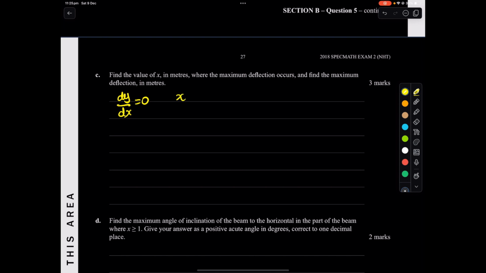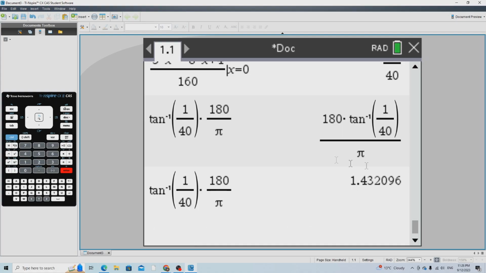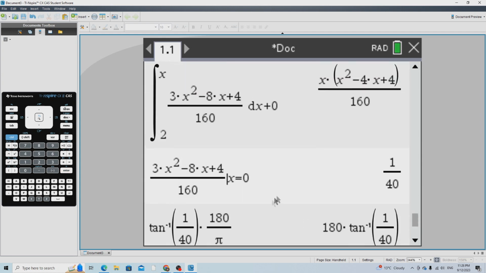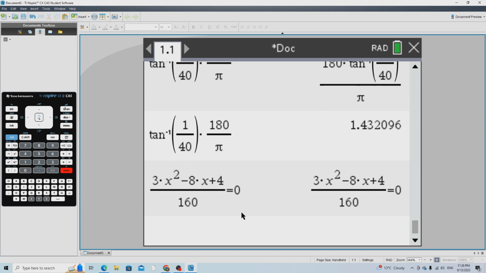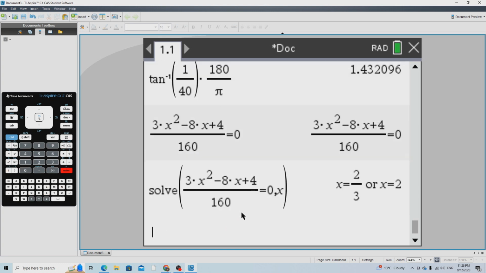And we find that value of x, that's where the maximum deflection occurs. So if I know that this is dy/dx and we want it equal to 0, and then we solve, we get two values. We get 2 over 3 or x equals 2.